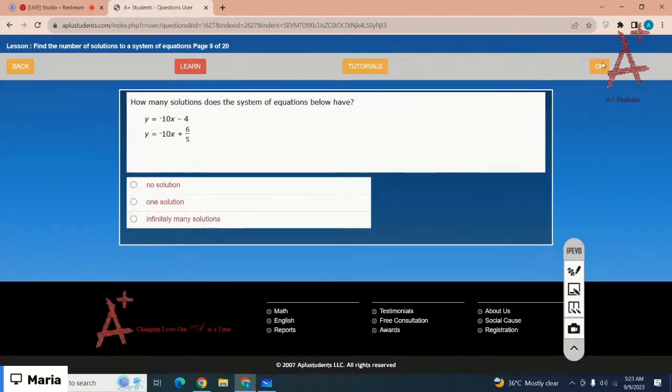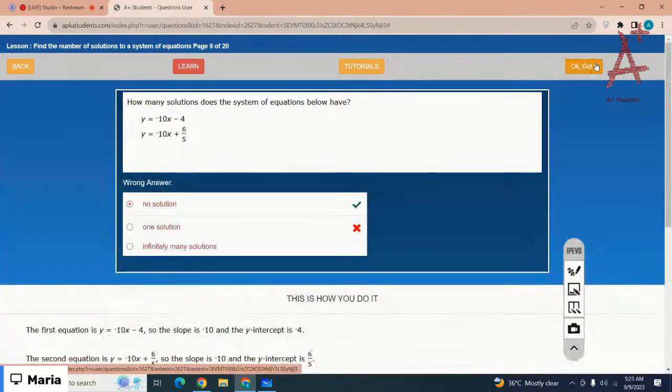How many solutions does the system of equations below have? So which is the correct option? Both the equations have the same slope and different y-intercepts, so the system has... no, same slope and different y-intercepts, that means it has... yes, that would be no solution.